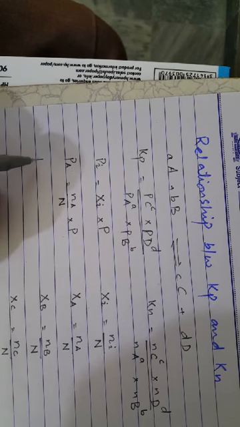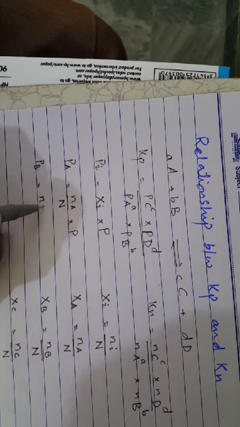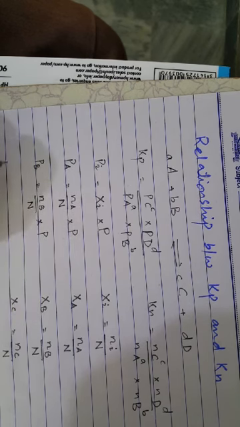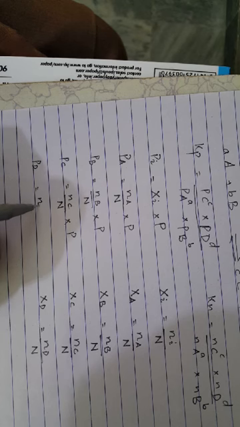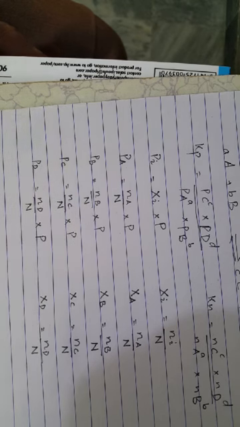Partial pressure of B will be equal to number of moles of B divided by total number of moles into total pressure. Partial pressure of C will be equal to number of moles of C divided by total number of moles into total pressure, and in this case partial pressure of D will be equal to number of moles of D divided by total number of moles into total pressure.